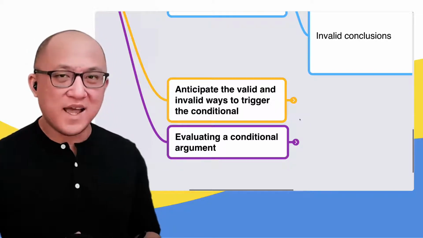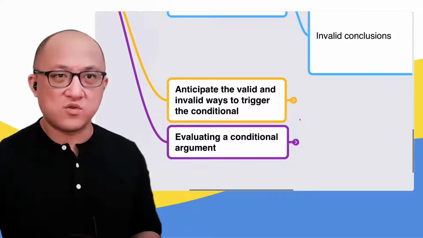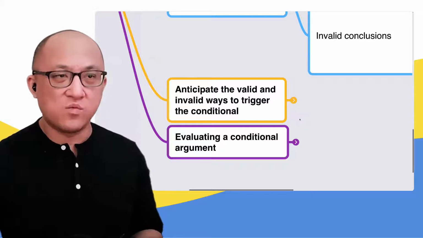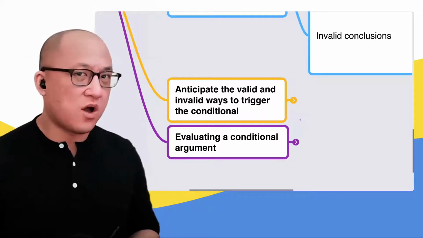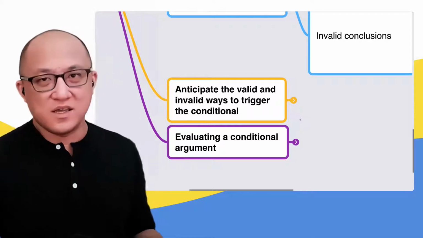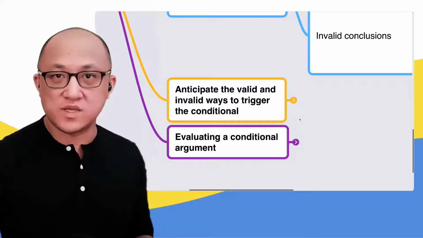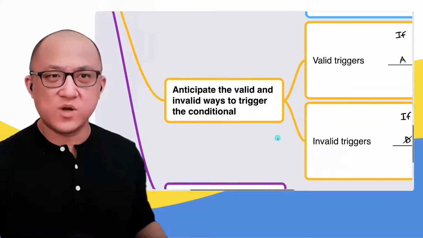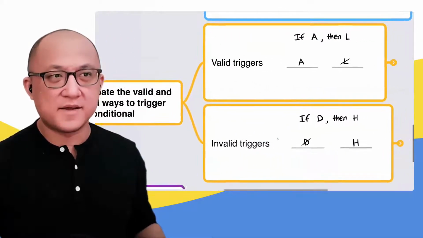And so you already have this understanding of what the correct way the rest of the argument should go is. And when the argument starts to veer off from the correct path, it'll just be easier to notice when they're doing that.